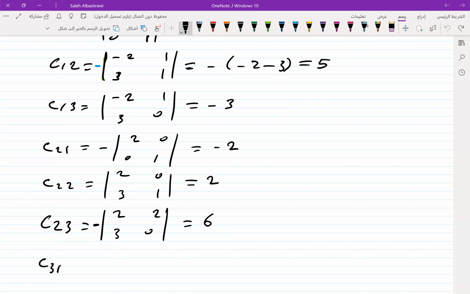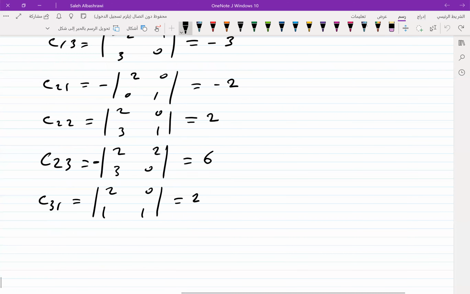C31, that positive will be 2, 0, 1, 1. That will be 2. C32 will be determinant of 2, 0, minus 2, 1, which is equal to minus 2, as negative sign there.